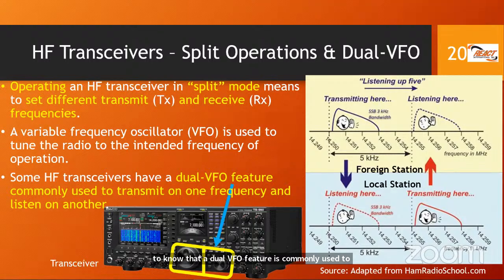Another way, you could actually listen to 2 frequencies simultaneously as well. But it's typically used for dual VFO, transmit on one and listen on the other. That's what this diagram on the right-hand side also shows. We are transmitting on one frequency and listening on another and vice versa. So split operations and dual VFO, variable frequency oscillator.